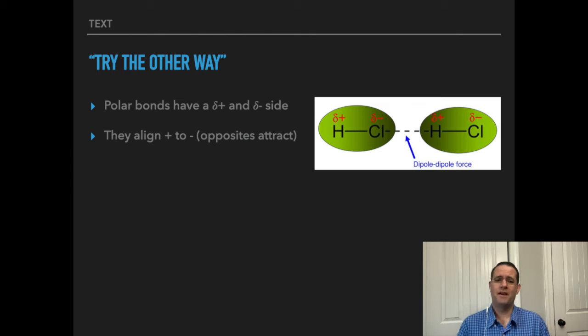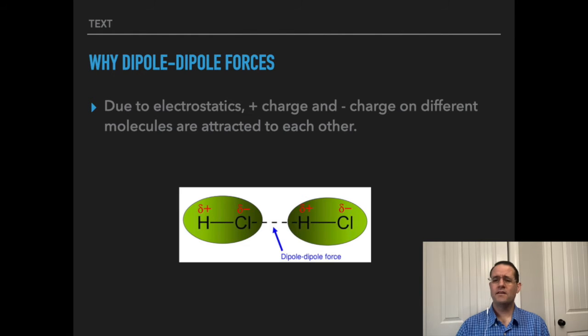And they align the positive and negative to one another, all right? Just to put it another way and to reemphasize this, opposites attract due to electrostatic attractions, okay? The positive charge and negative charge on different molecules are attracted to one another. And that's a cohesive force that attracts those two different molecules to one another.